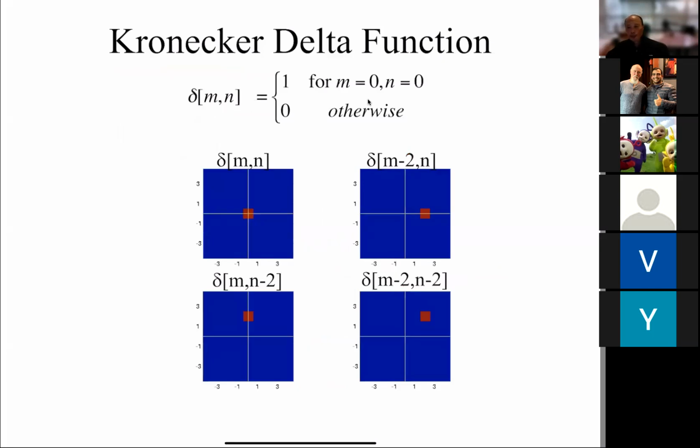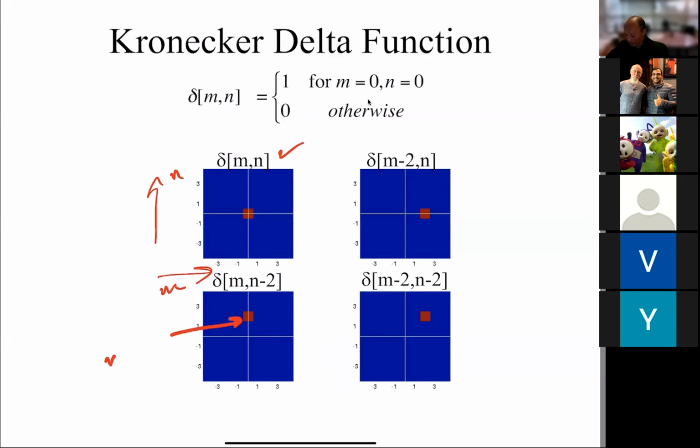So just as we have a 1D Kronecker delta function, it's useful to have 2D Kronecker delta functions. So this is delta m comma n equals 1 at the origin, m equals 0, n equals 0, and 0 otherwise. So once again, it's useful to look at shifted versions of that. So here is the Kronecker delta m,n. And this is the n-axis, and this is the m-axis, right? So I have delta m comma n minus 2.